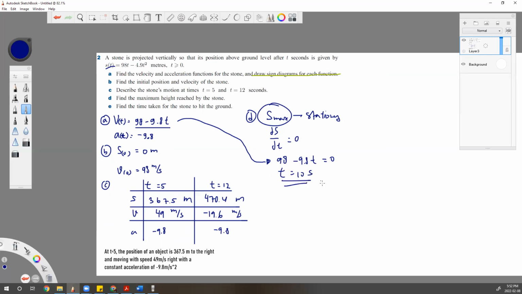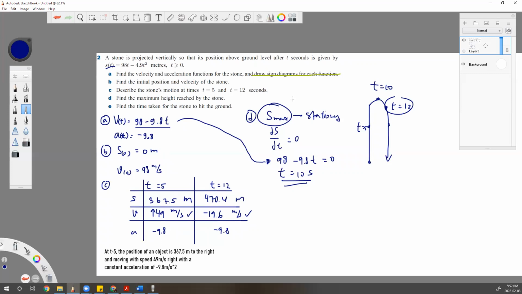So when t equals 10, it changed its direction. So bang. Going up, going down, vertical, right? So at t equals 10, you can see that it's logical. When t equals 5, it's still going upwards, right? The velocity is positive. When t equals 12, the velocity is negative, right? So it is proven with this idea, okay?